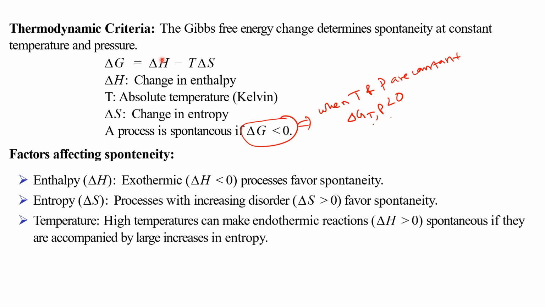So in this case delta G is delta H, which is negative, minus T times delta S, where delta S is positive. So T delta S is positive, minus T delta S gives you negative, so overall delta G is negative. So this is a spontaneous process.